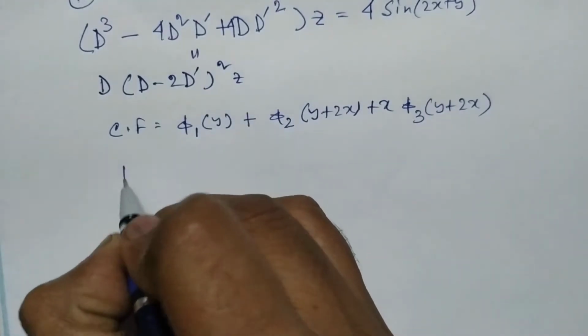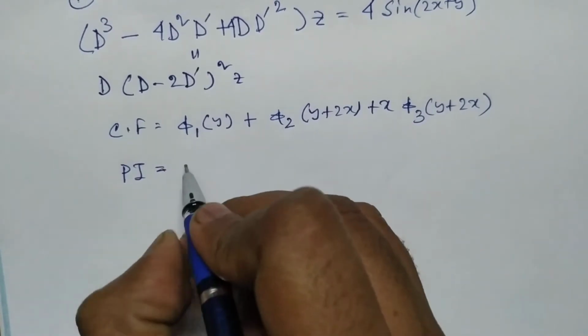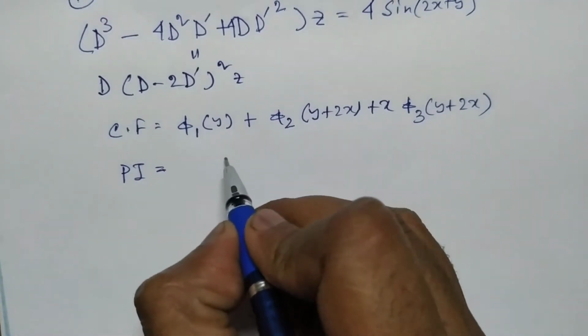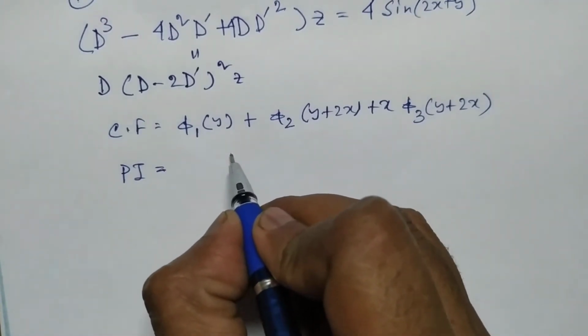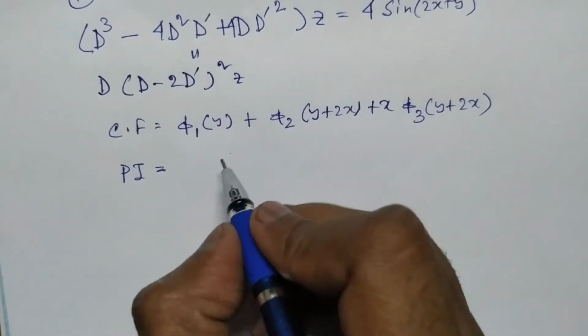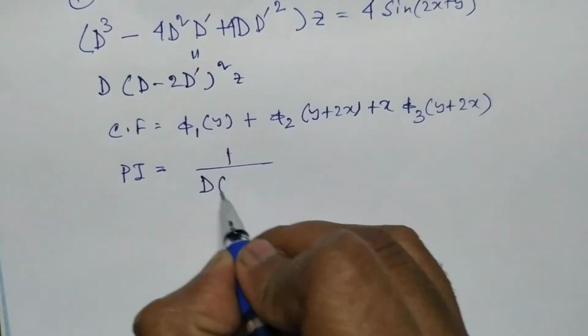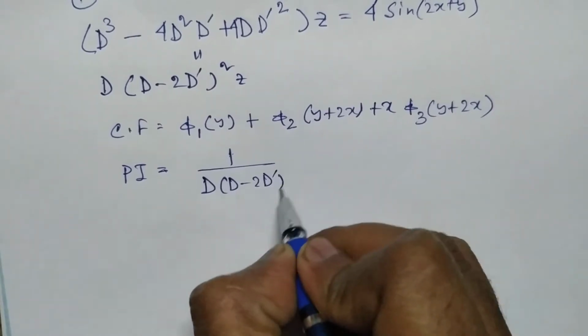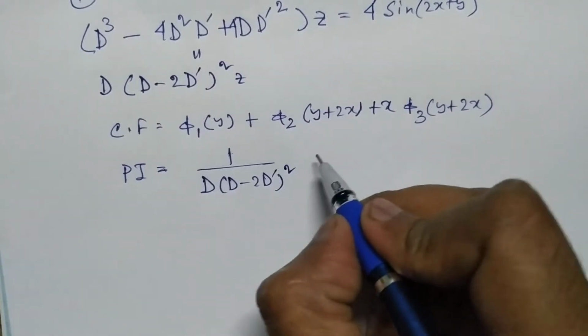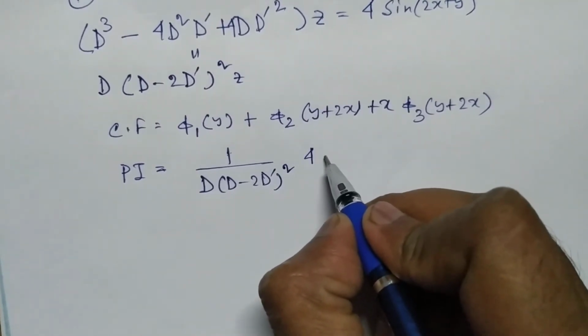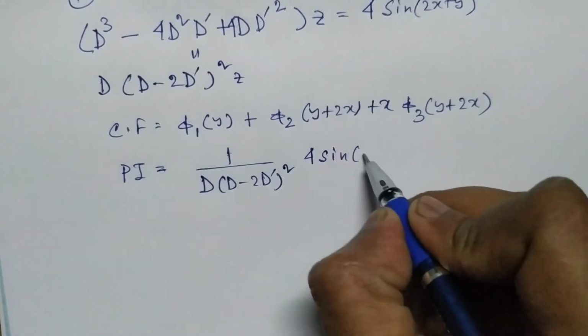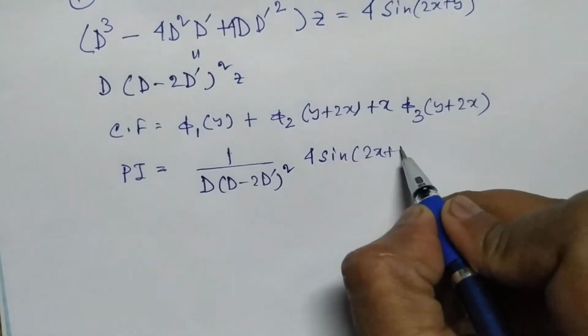Now for the particular integral, we write (D minus 2D') square applied on 4 sin(2x plus y).